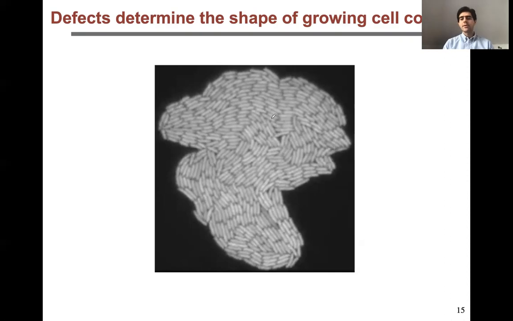In order to capture this, we consider the equations of the active nematic liquid crystal, but in addition to the existing equations that I quickly reviewed earlier, we also consider an additional order parameter called the phase field order parameter. The idea is that I want this phase field, I call it phi, to distinguish these two regions.